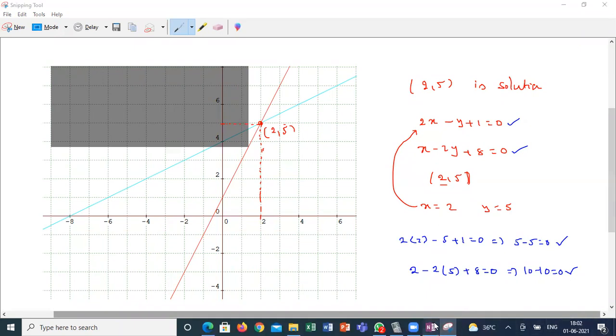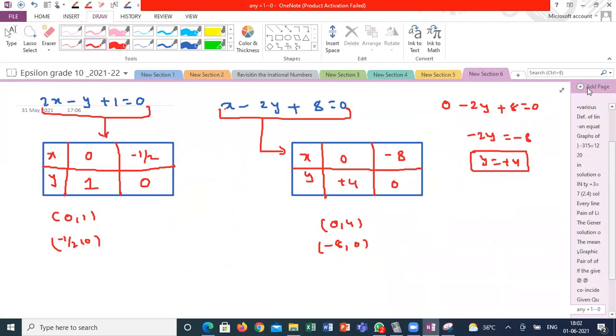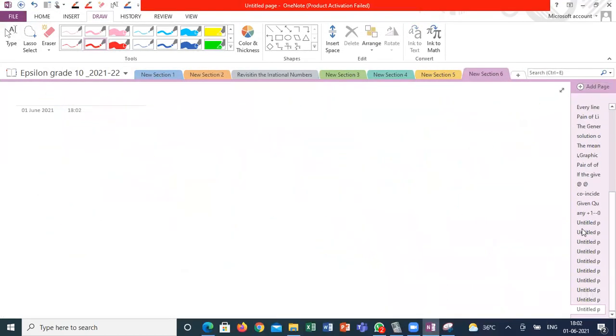The next question equations are x minus 2y minus 5 is equal to 0, and 3x minus 6y minus 15 is equal to 0.